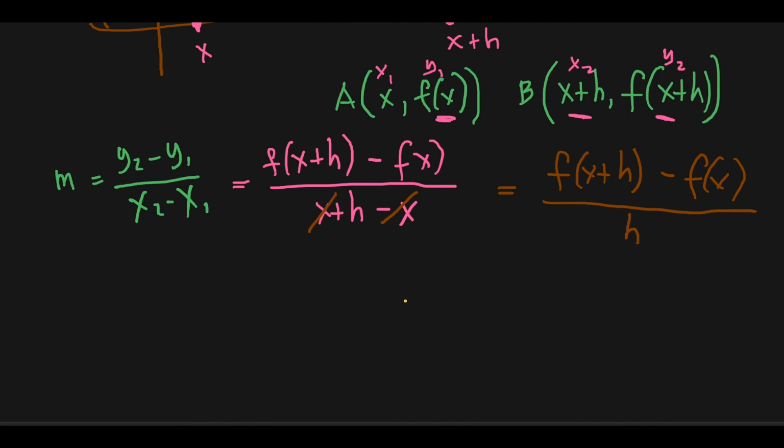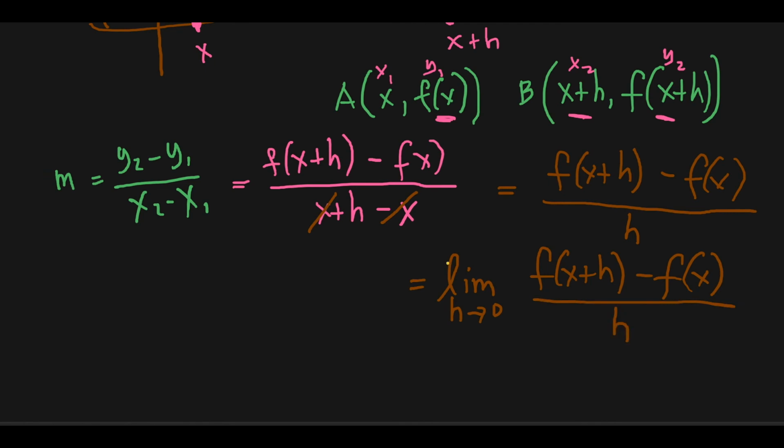So this will be equal now to the limit as h approaches 0 of f of x plus h minus f of x all over h. And this time, this result is the slope of the tangent line.